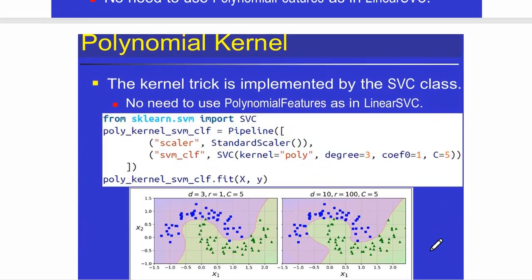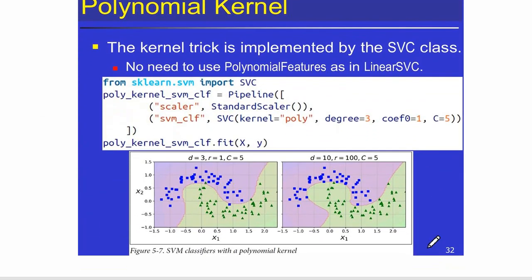Now here I am implementing the SVC classifier using the kernel trick, that is kernel equal to poly. Here I am using degree equal to 3, coefficient and some regularization parameter equal to 5. The standard scaler function is to standardize the data.